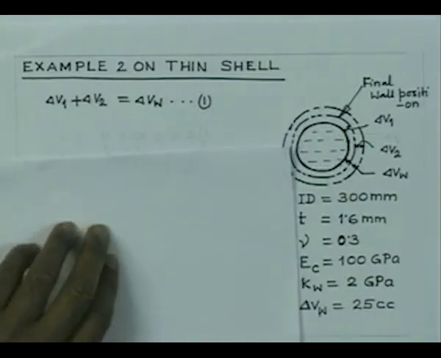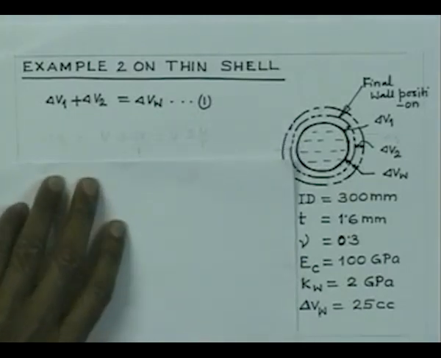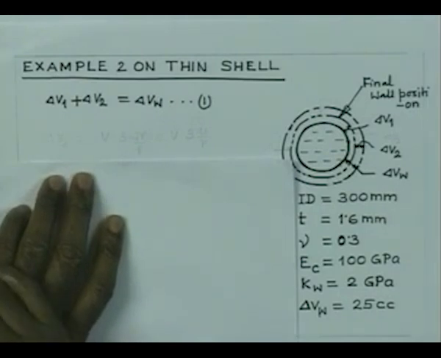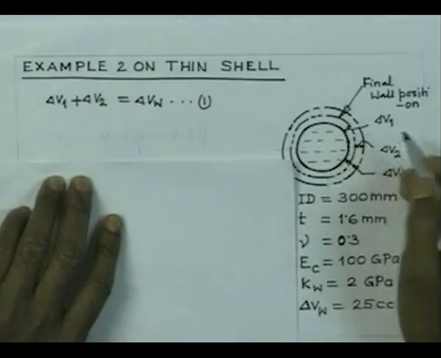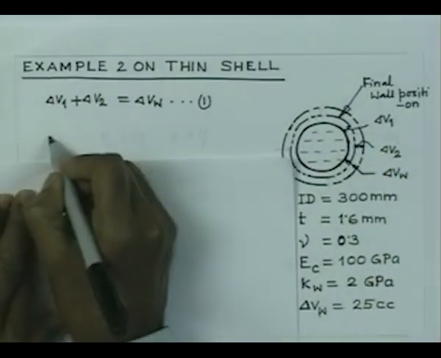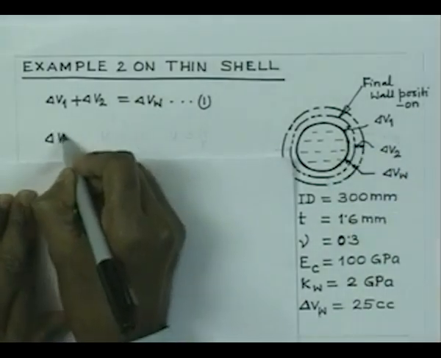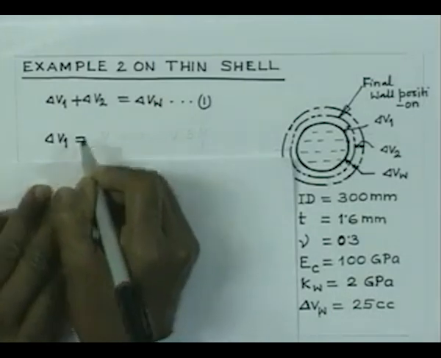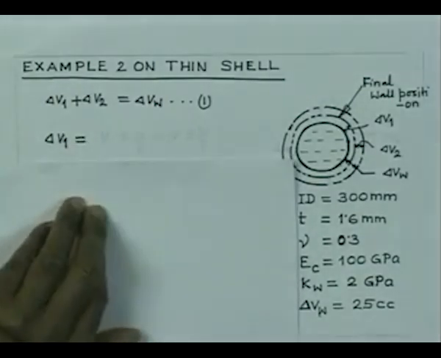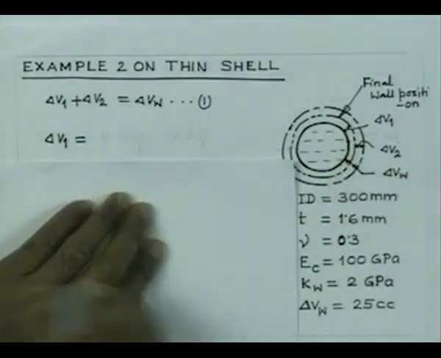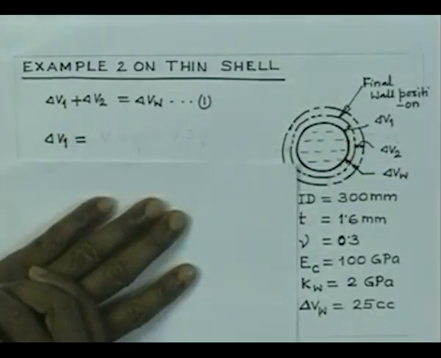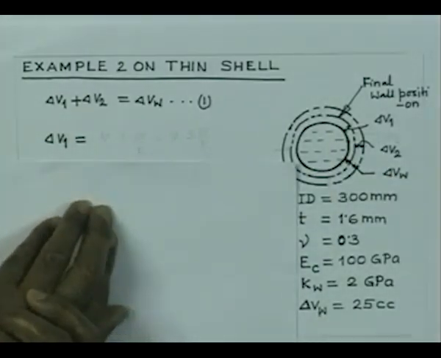Now, how do you calculate delta V1, the expansion of the copper vessel? Under the action of the pressure P, the copper vessel is going to have some radial expansion.